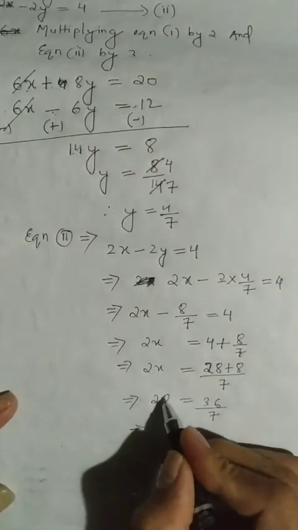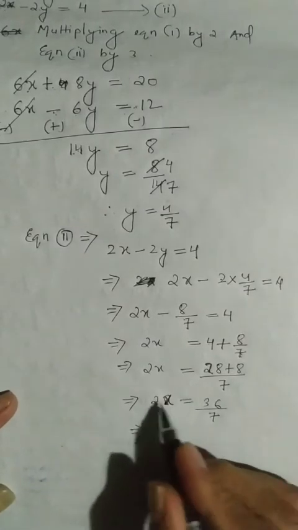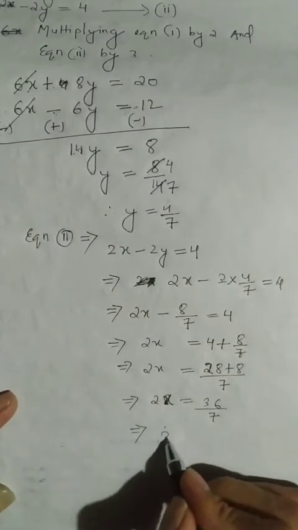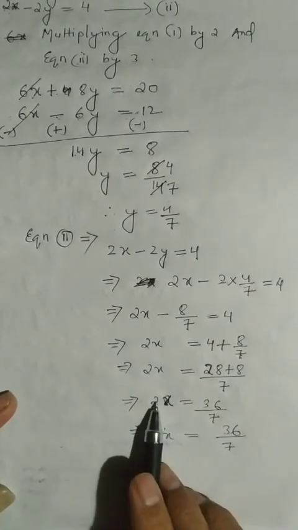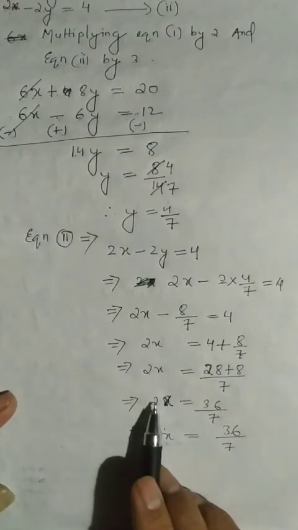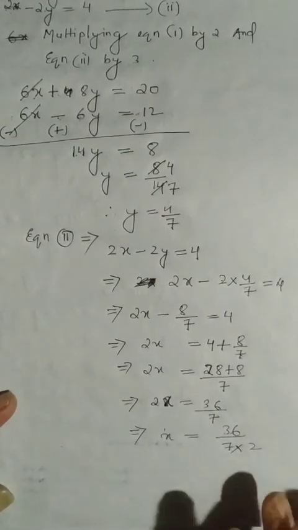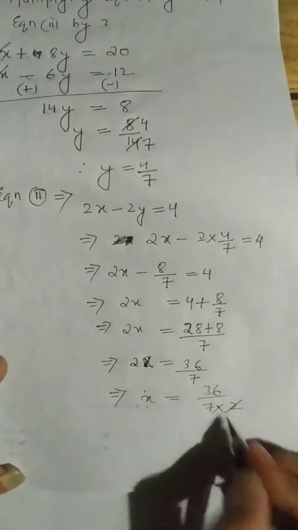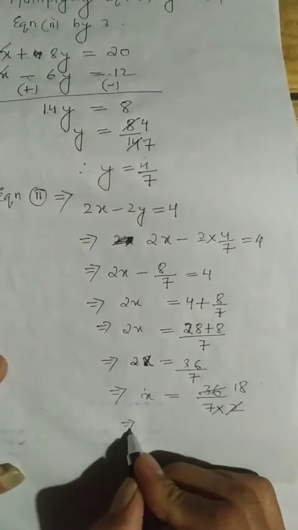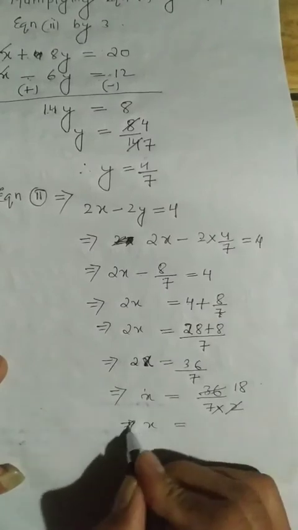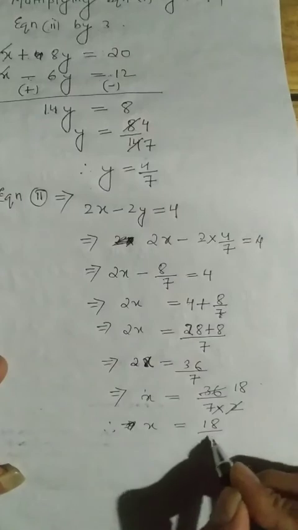Now the 2 I have to remove. x is equal to 36 by 7. Since this is 2 into x, whenever there is a multiplication sign, the 2 will come down. So now we can cancel. 2 times 1 is 2, 2 times 18 is 36. Therefore x is equal to 18 by 7.